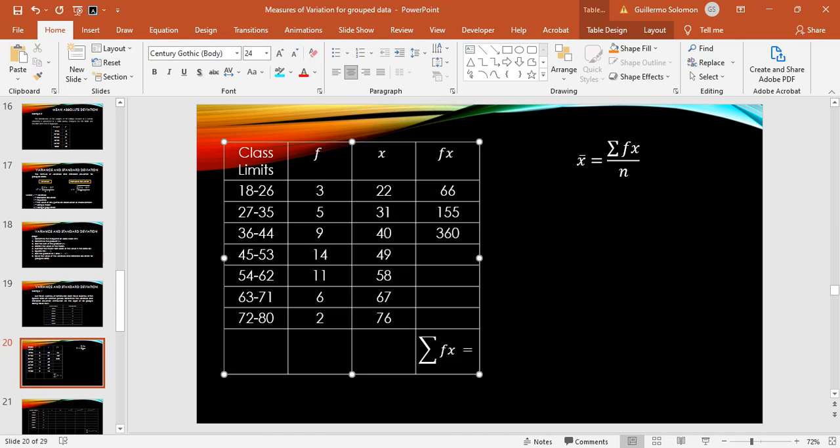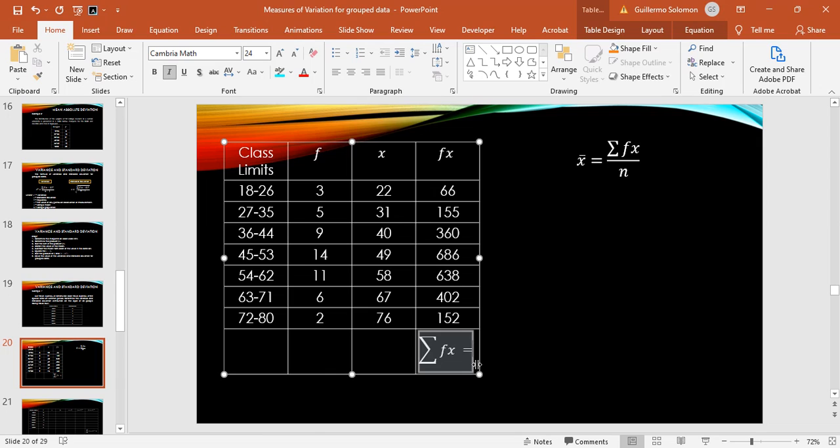So, 14 times 49, that is 686. 11 times 58, that is 638. So 6 times 67, that is 402. So 76 times 2, that is 152.